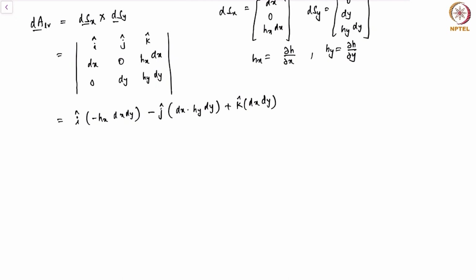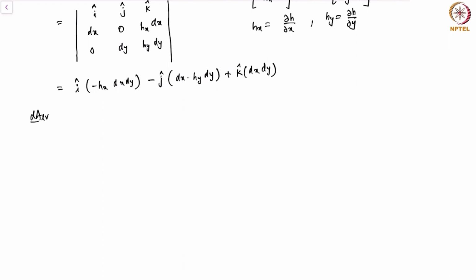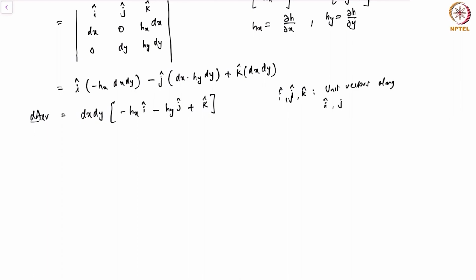So we can now simplify this to say that the area element in the vector form is simply dx dy, which is common, times minus hx i cap minus hy j cap plus k cap. i cap, j cap, k cap are unit vectors along the x, y, z directions respectively.